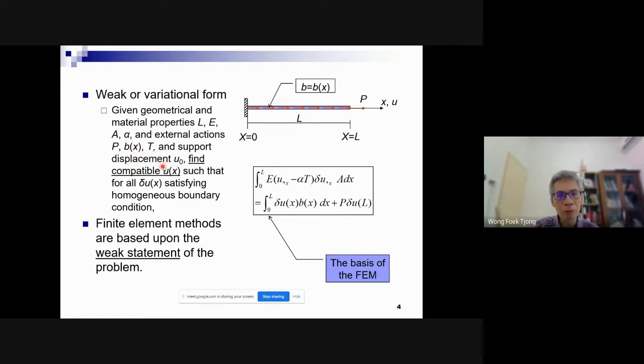The problem is to find a compatible or continuous function U(x) such that for all arbitrary virtual displacement fields, okay, the field of virtual displacement satisfying boundary conditions here, this integral equation is held, okay. This is the integral equation or the weak form of the governing equation.